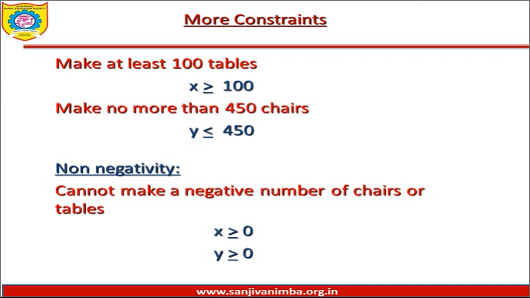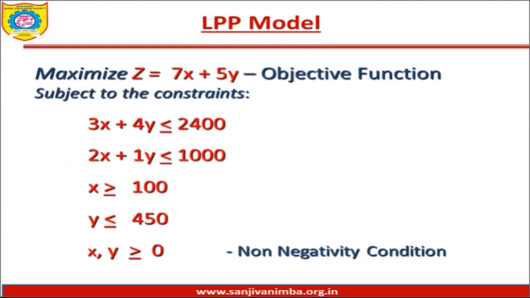तो ये सारी चीजें अगर हम इक्वली लिखते हैं तो उससे बनता है हमारा LPP मॉडल. तो यहाँ पे आप देख सकते हैं, here the LPP model says maximize the objective function z, which is 7x plus 5y, subject to constraint number 1, 3x plus 4y less than or equal to 2400, which is nothing but a carpentry work hour limitation.